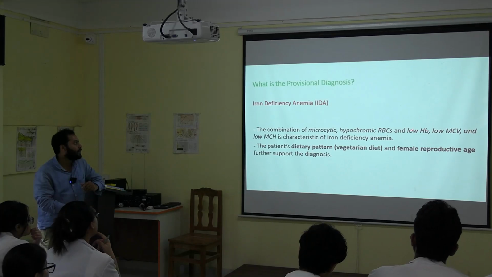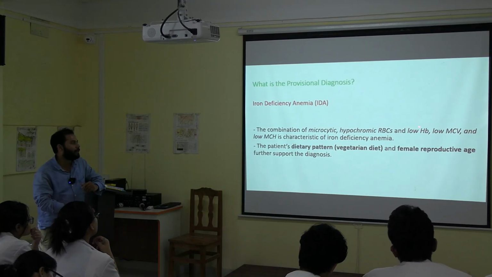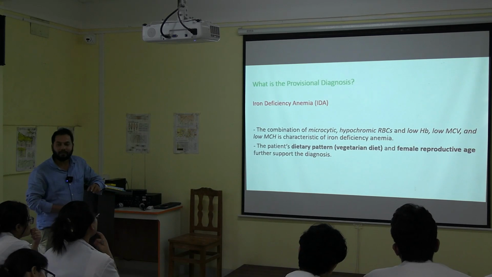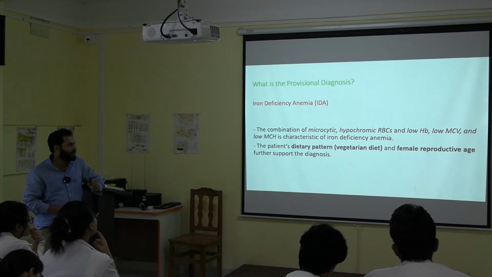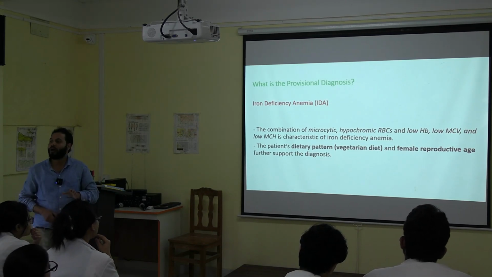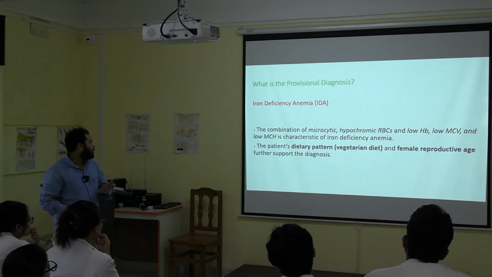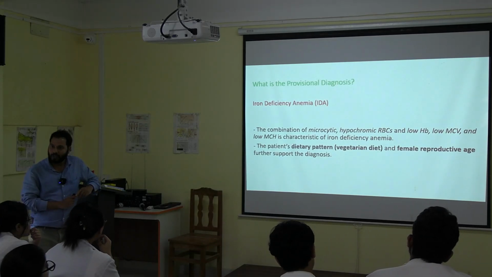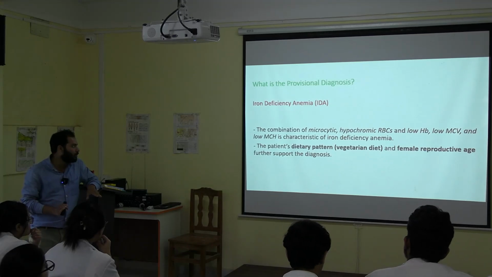Now at the same time, in the case it was given the hemoglobin level is below normal and mean corpuscular volume was also below normal. So along with this, you can also see the value of MCH was also not normal.